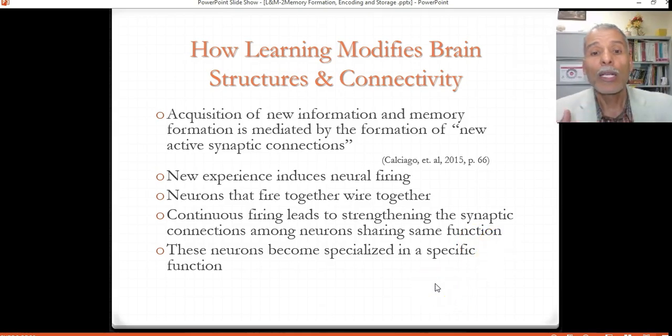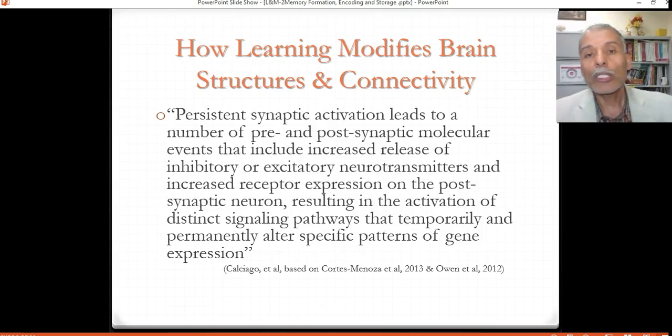So the neurons, through the firing process, identify each other, and they know that they are specialized in the same function, and they connect and form a network. Over time, that network will be fine-tuned, and it will be more specialized and efficient. The more it fires, the better it connects, the more efficient it will be over time. So listen to this.